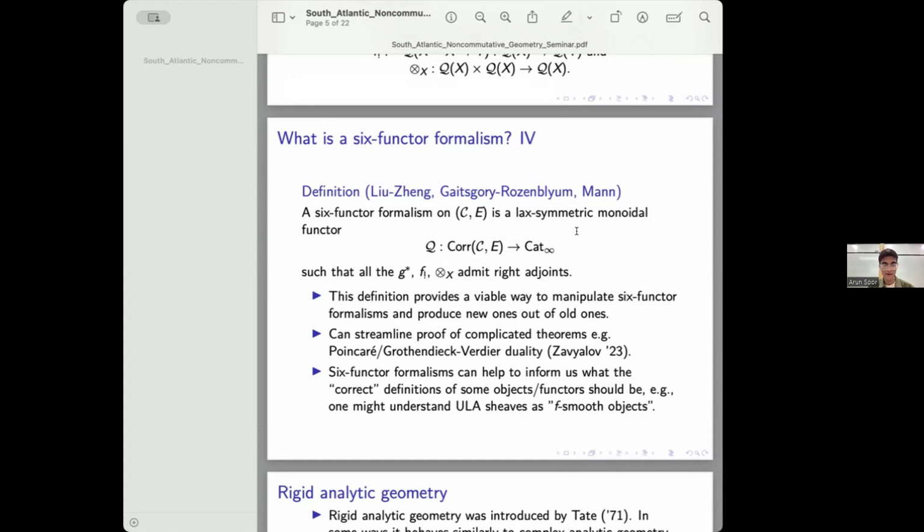For instance, in the Fargues-Scholze work on geometrization, they were able to reinterpret ULA sheaves, or at least notions of admissibility, in terms of f-smooth objects in a six-functor formalism. That's just an example.